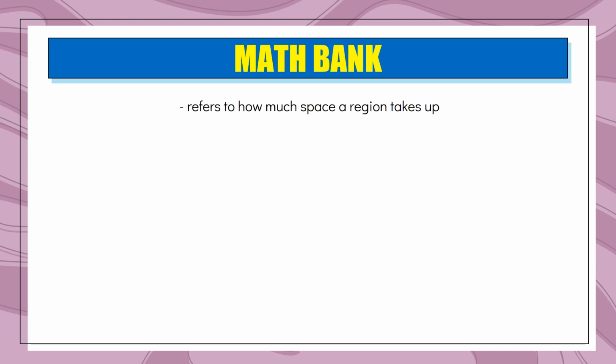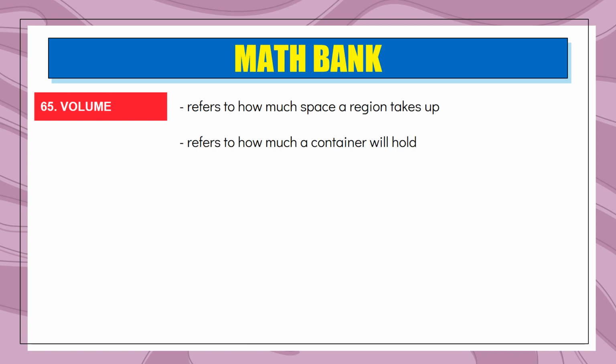So, math bank: it refers to how much space a region takes up. What is this? How much space a region takes up. So this talks about volume. Good job. So this is our 65th concept in our math bank. Good job, no? There are so many already. Next, it refers to how much a container will hold. Sometimes we interchange this with volume.